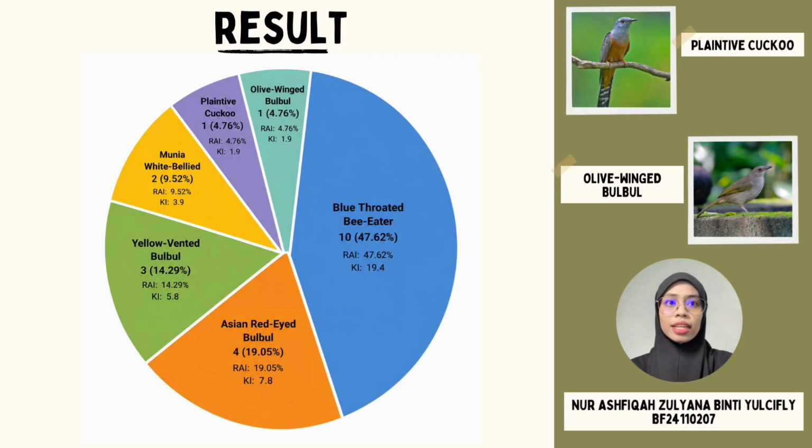This indicates that it was the most frequently encountered species throughout the sampling period. The Asian red-eyed bulbul was the second most dominant species with a Ki of 7.8 and RAI of 19.05%. On the other hand, the plaintive cuckoo and olive-winged bulbul recorded the lowest Ki and RAI values, suggesting that these species were rarely encountered in the study area.